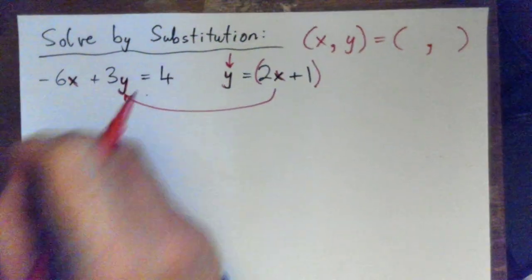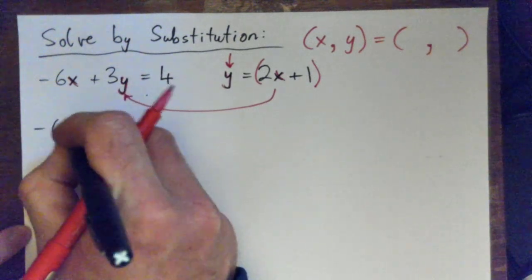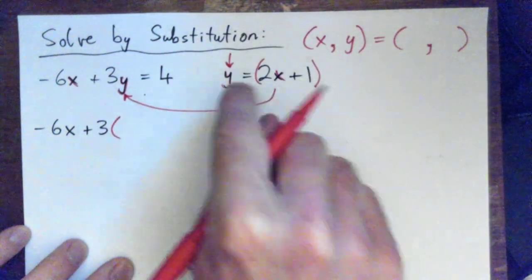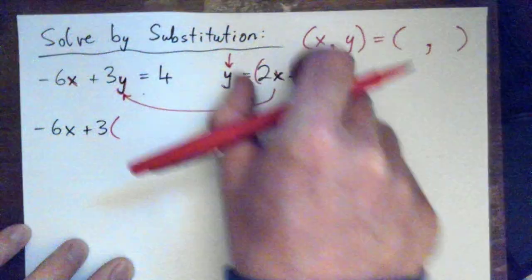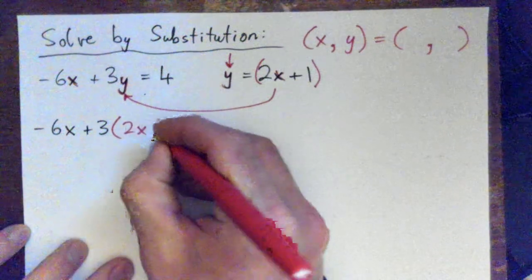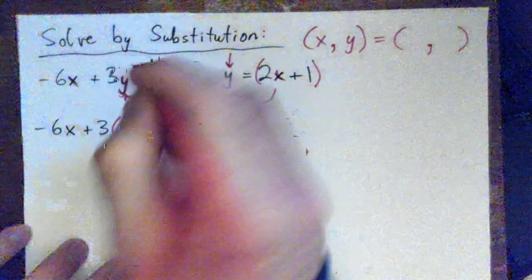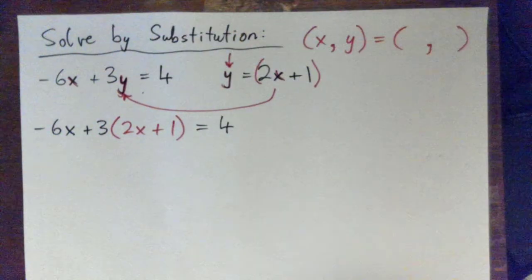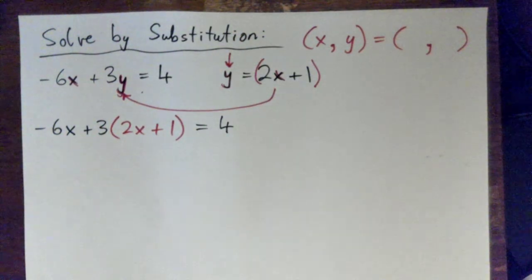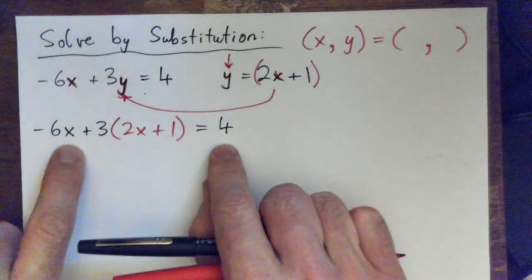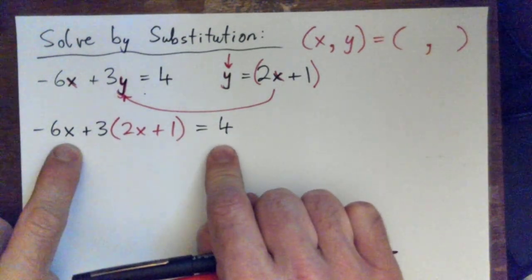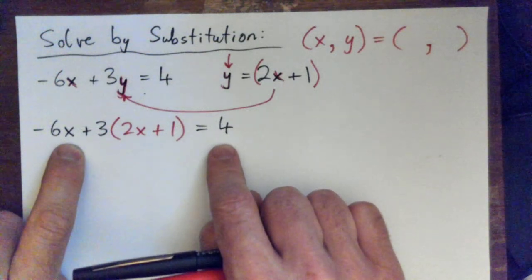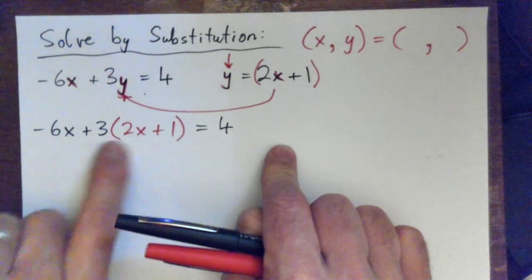So we would have negative 6x plus 3 times this expression, because y equals 2x plus 1. We can take 2x plus 1 and put it in place of y in that equation equals 4. Now we've made a new equation, and the cool thing about it is: how many different types of letters have we got in this equation now?